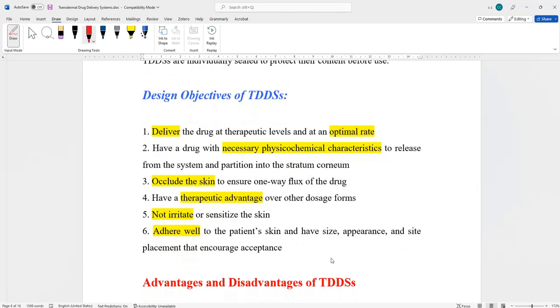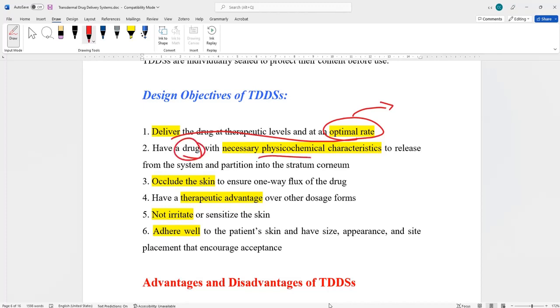When we design the transdermal drug delivery system, what is our objective? يعني if I ask you, for example, please design a transdermal drug delivery system, what do you have to take into account in your device, in your design? First, it should deliver a drug in an optimal rate so that you get a therapeutic level of the drug in the systemic circulation. Another thing is you will think about the drug.